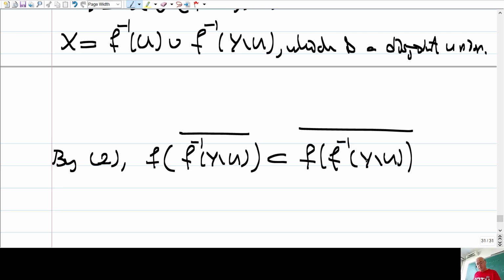But what is this? You look at the inverse image of something and then you look at its image. Well, that is of course contained in Y minus U, right? It may not be equal to this, but it is contained in this one, and you have closure.